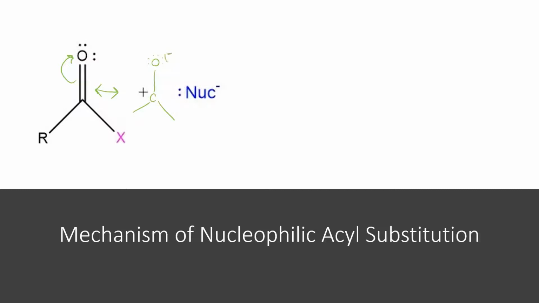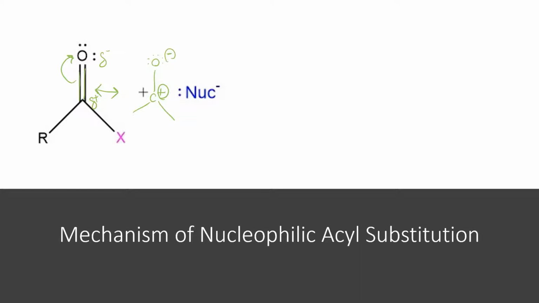Now this oxygen has a negative charge and the carbon has a positive charge. In reality, we typically draw it like this with the double bond, but this carbon really has a positive partial charge where the oxygen has a negative partial charge, and this is due to the high electronegativity of the oxygen and that resonance ability.